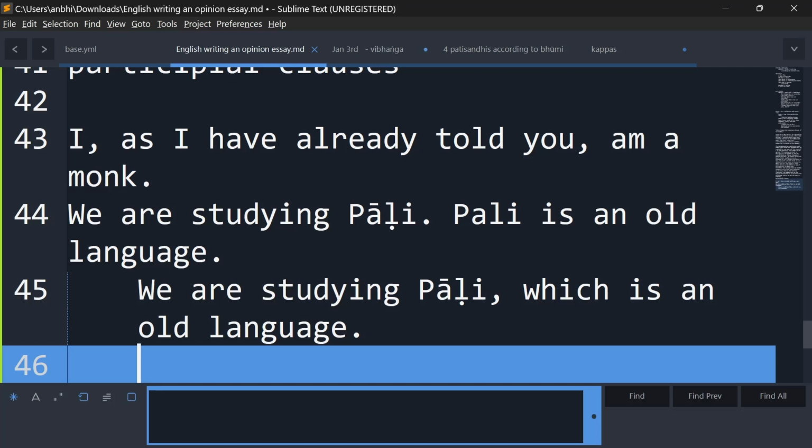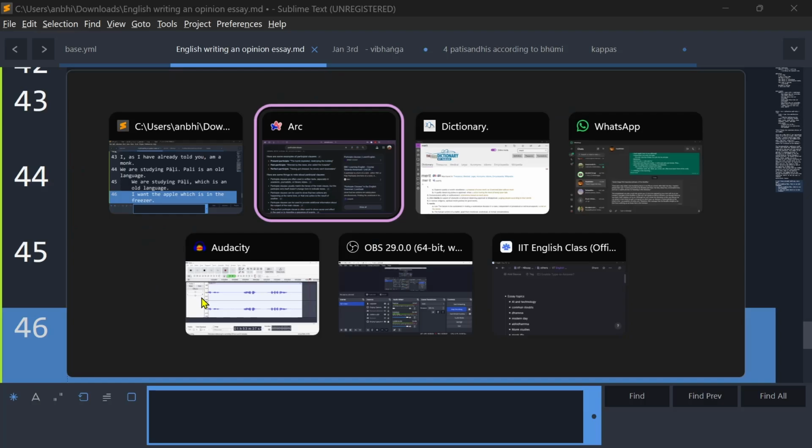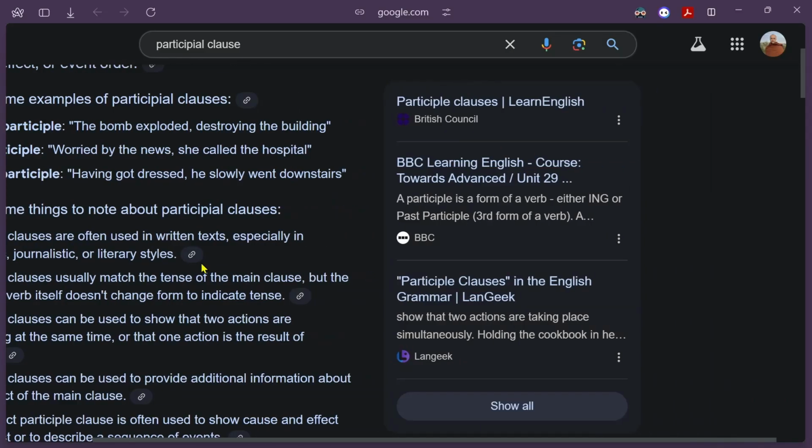For example, I want the apple which is in the freezer. I want the apple. So should I put a comma here or not?